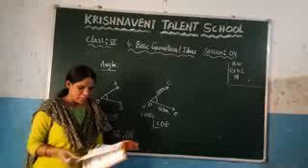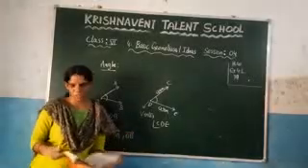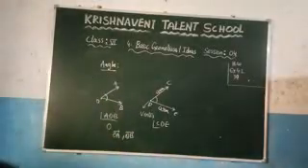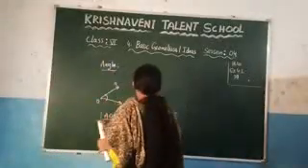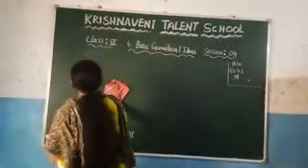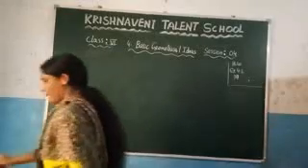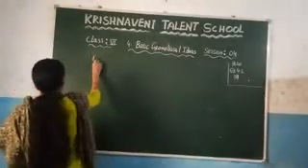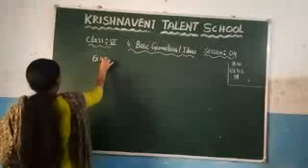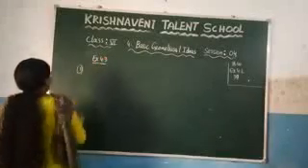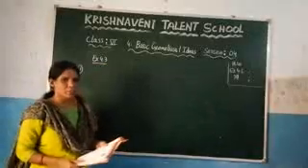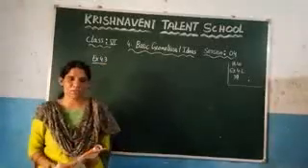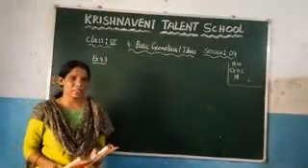Now see here, exercise 4.3, the first question. Just now we have discussed what is meant by the angle, what is called the common vertex, and what is meant by the arm.